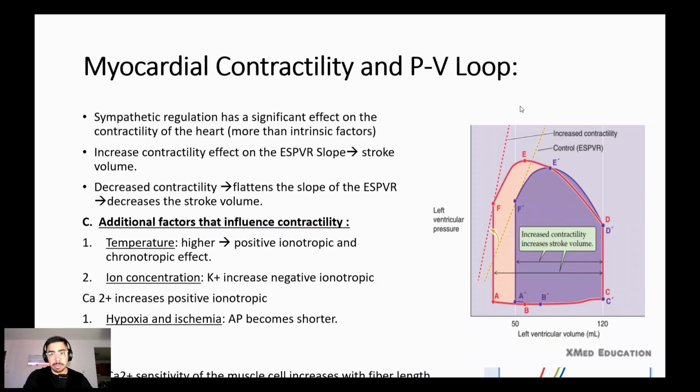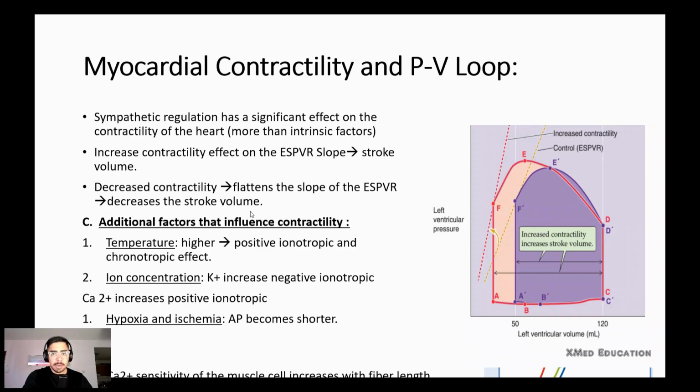The slope will be more vertical. So it is very important that in case of extrinsic regulation, the slope will increase and be more vertical.